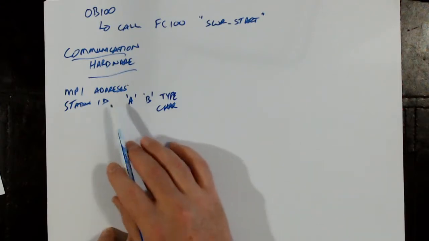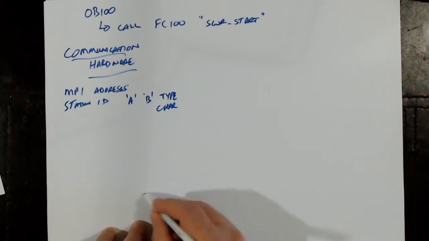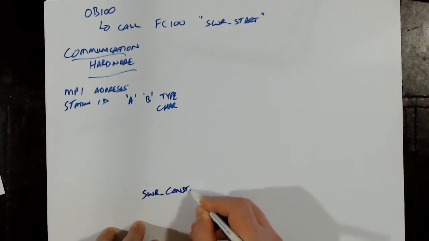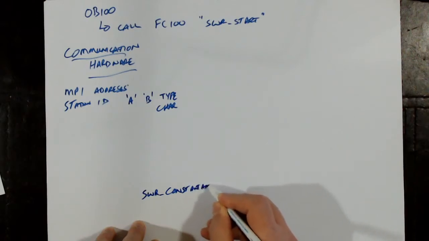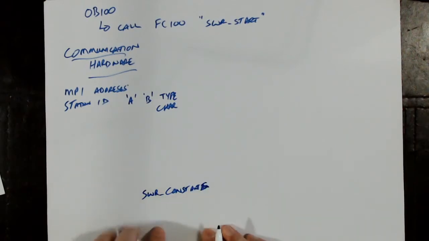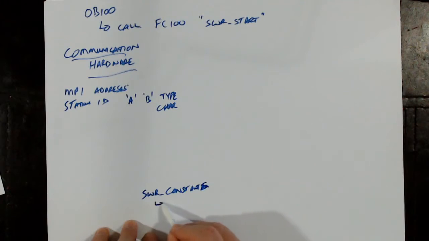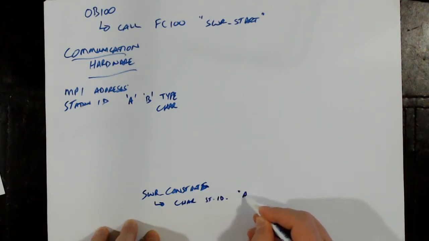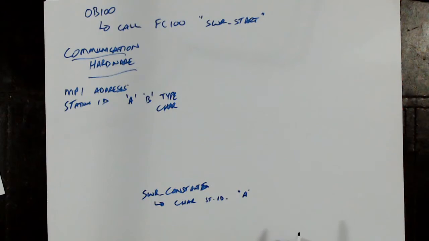Speaking of all this, what I like to do is have a software redundancy constants DB, and in it I put all this information. So I've got a char station ID, where this PLC is A and the other PLC will be B, and so on.